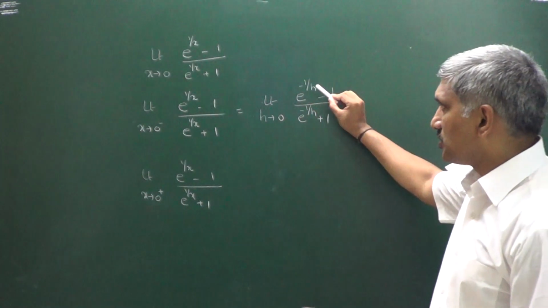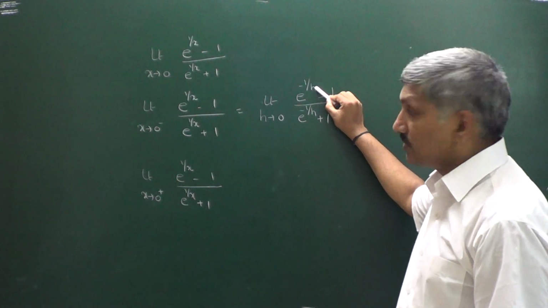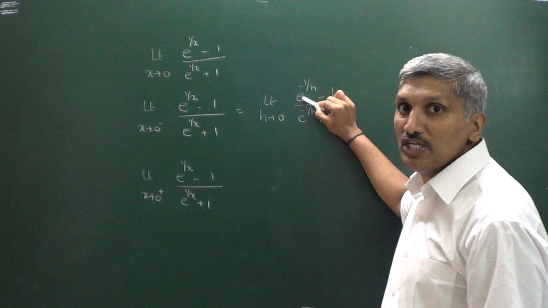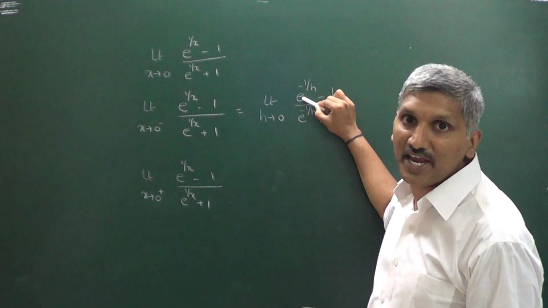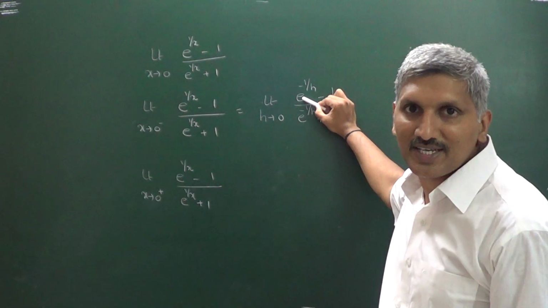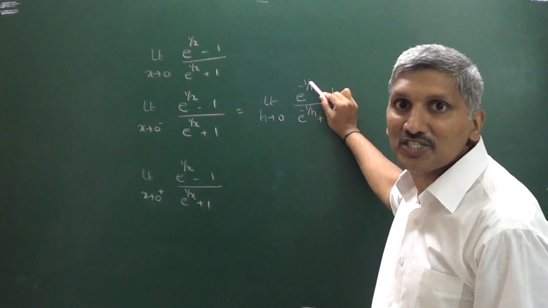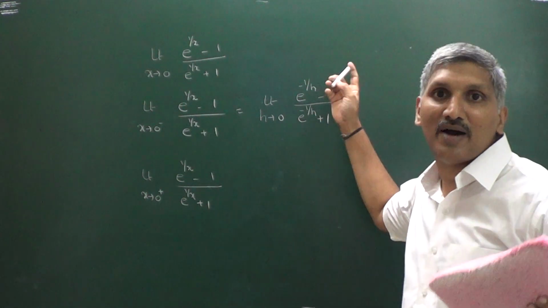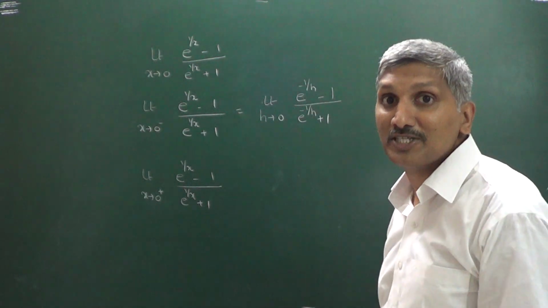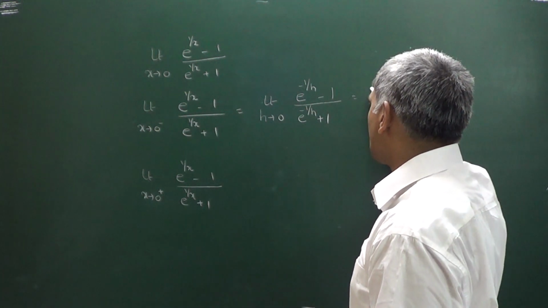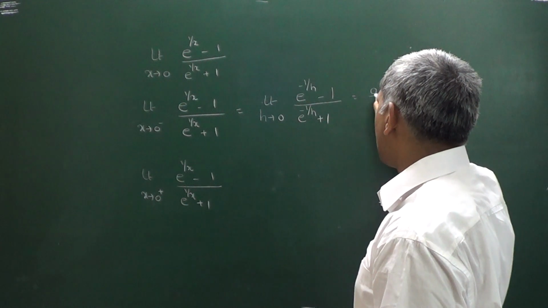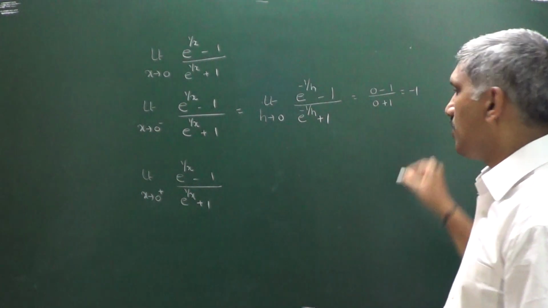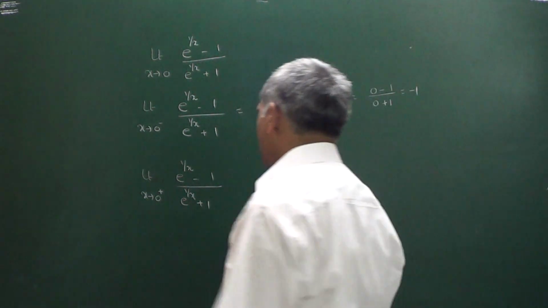Now whenever h is tending to 0, that means e power minus infinity. e value is 2.718, more than 1, power is tending to minus infinity. So e power minus infinity, that value is tending to 0. That's why you will get this as 0 minus 1 divided by 0 plus 1, that is equal to minus 1.